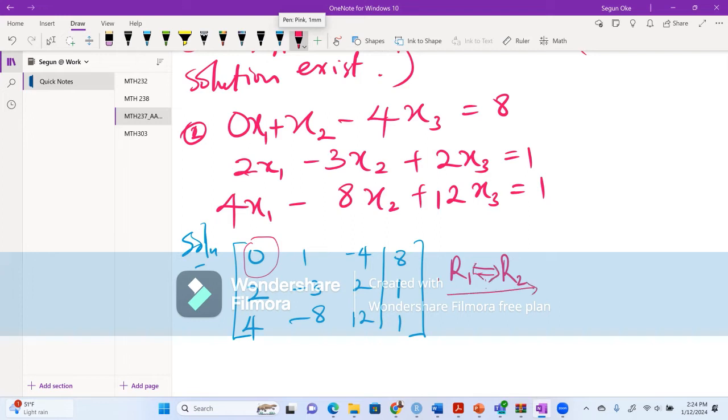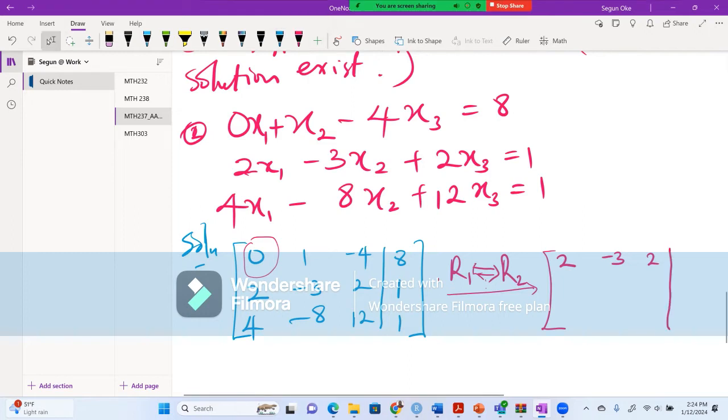So I bring my R2 up: 2, -3, 2, equals 1. R1 turns to R2, then R3 remains R3.